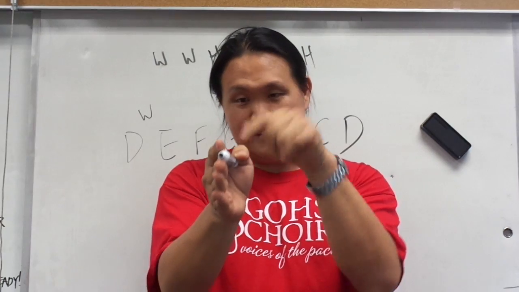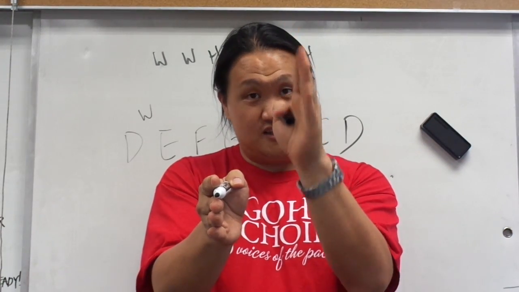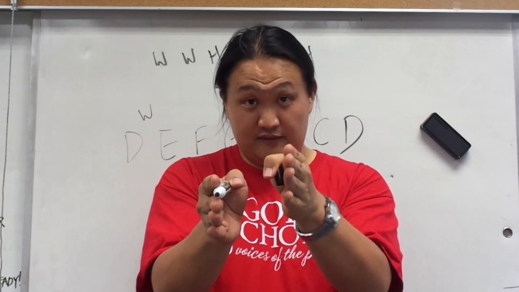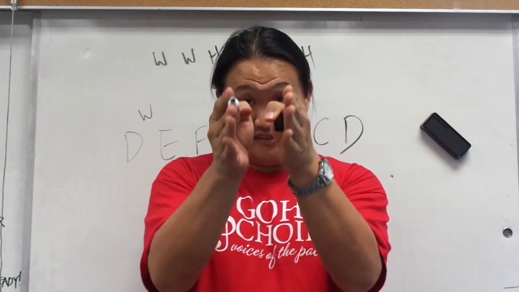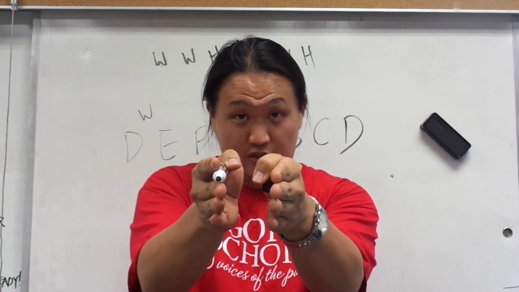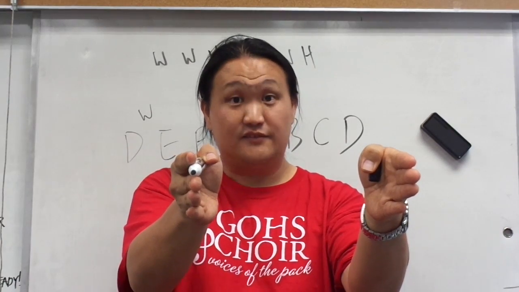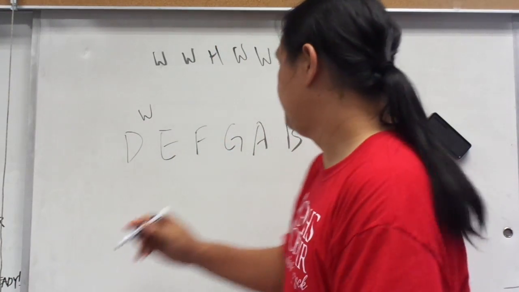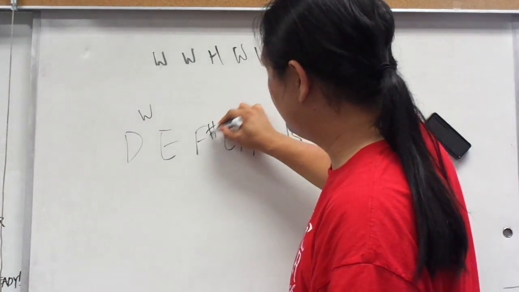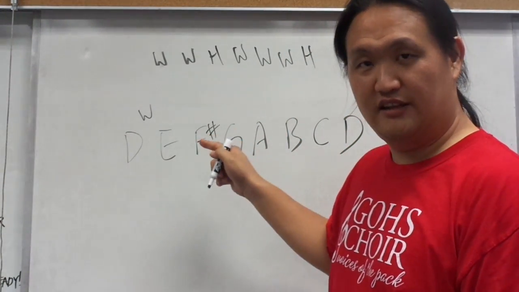So therefore we cannot adjust or add anything to this note. We must adjust and alter F to create that whole step. It's a half step right now. So what we need to do is add a sharp to an F so that it would move away from an E. So we add F sharp. Notice how I wrote the sharp after the letter?